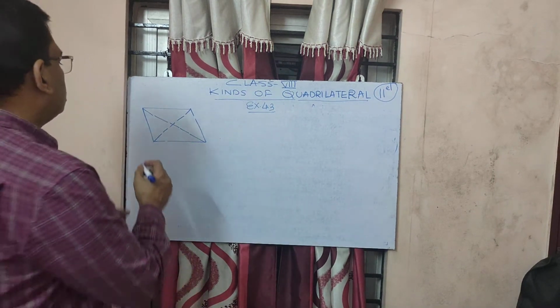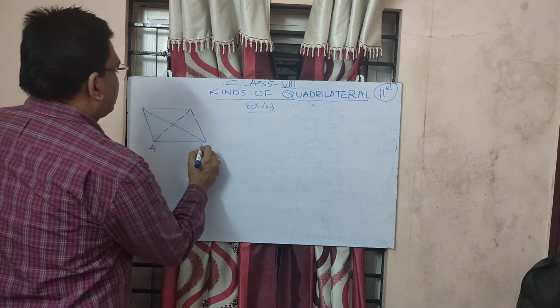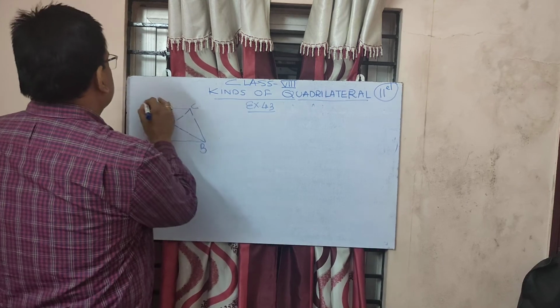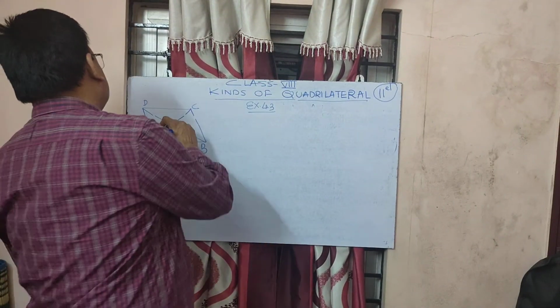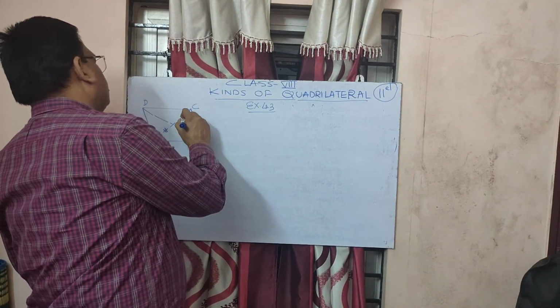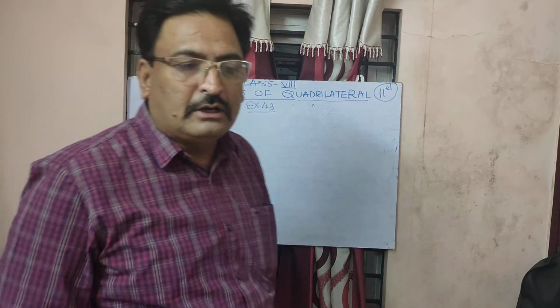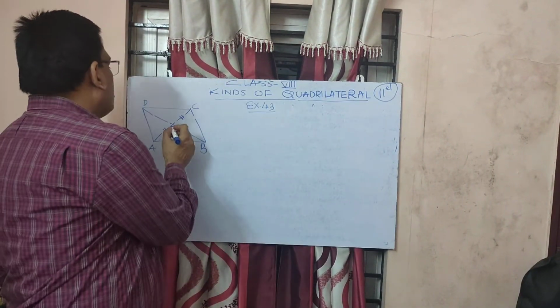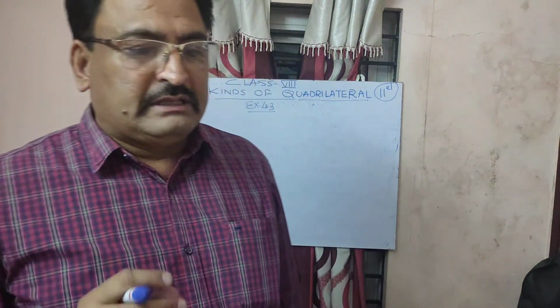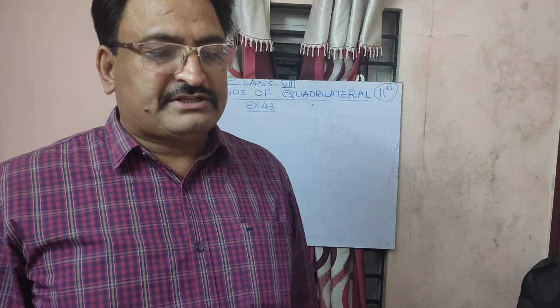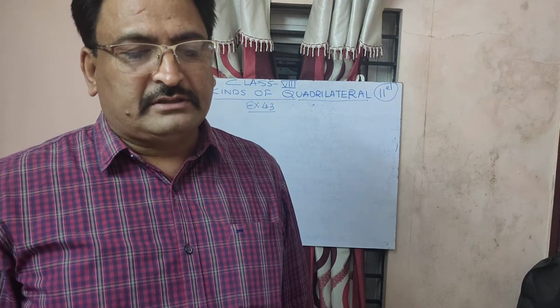Now, this is the parallelogram we have A, B, C, D, and it is given this is equal to this. Okay, now, and this is O. Given a parallelogram ABCD, complete each statement along with the definition or property used.